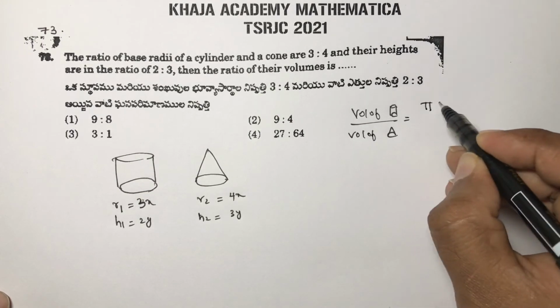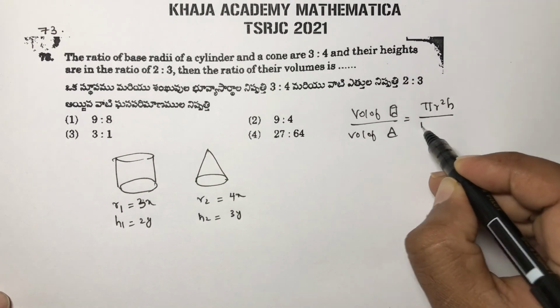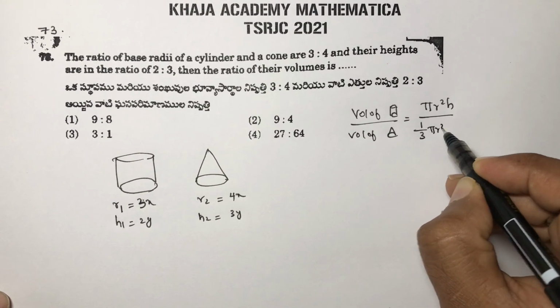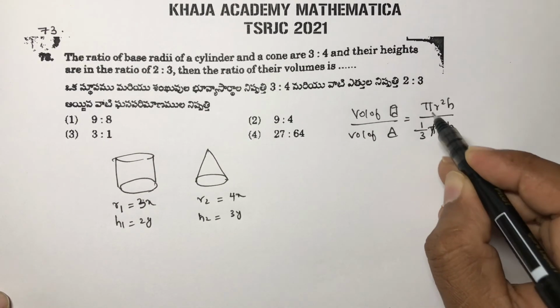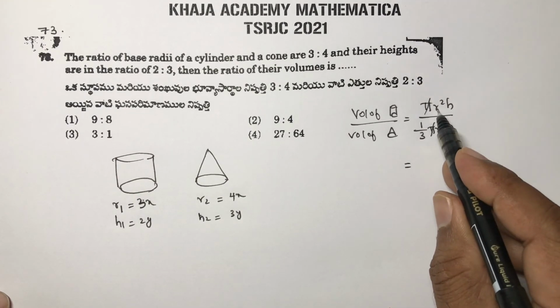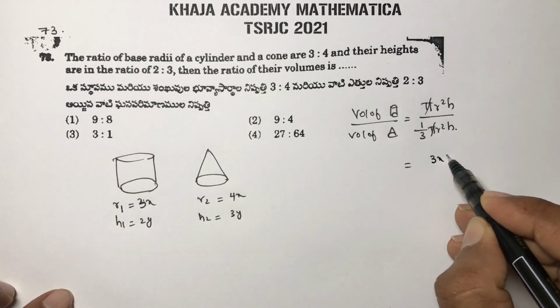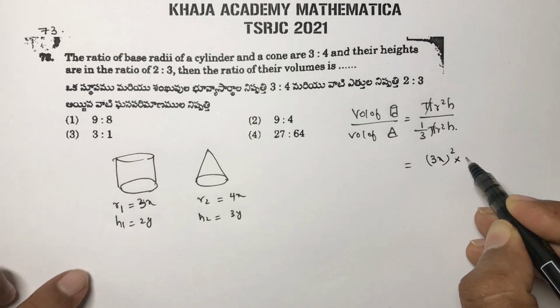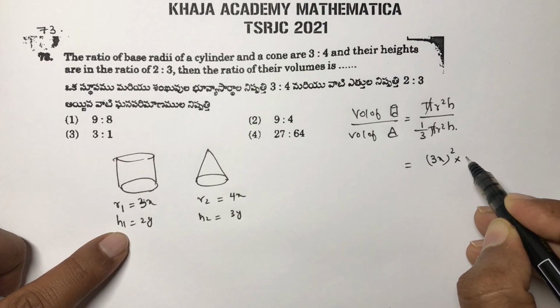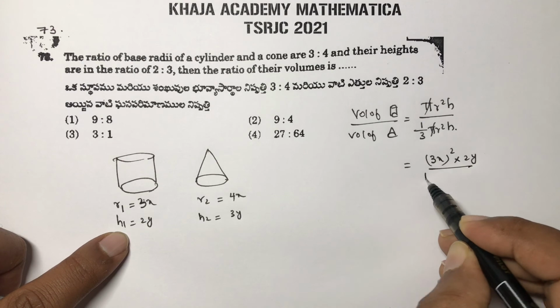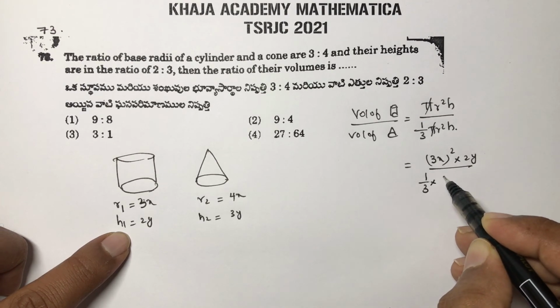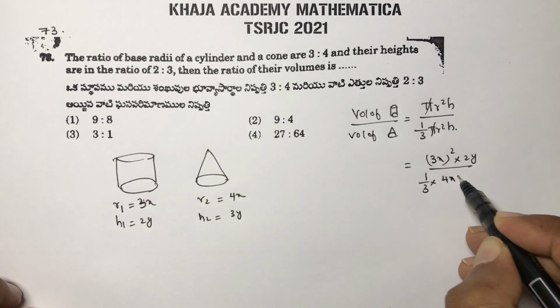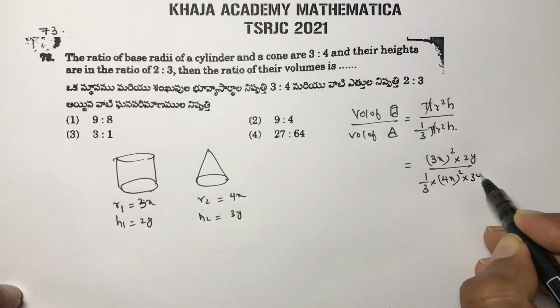Volume of cylinder is pi r square h. Volume of cone is 1 by 3 pi r square h. Pi and pi will get cancelled. R is 3x whole square, and h for the cylinder is 2y. For the cone, 1 by 3 and r is 4x whole square into 3y.